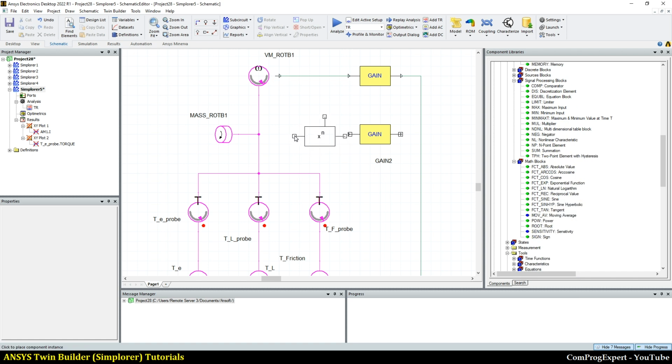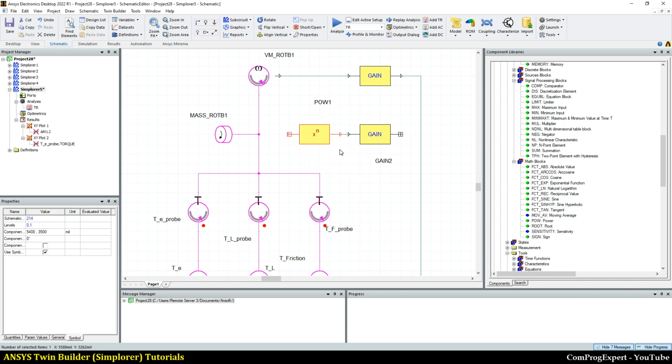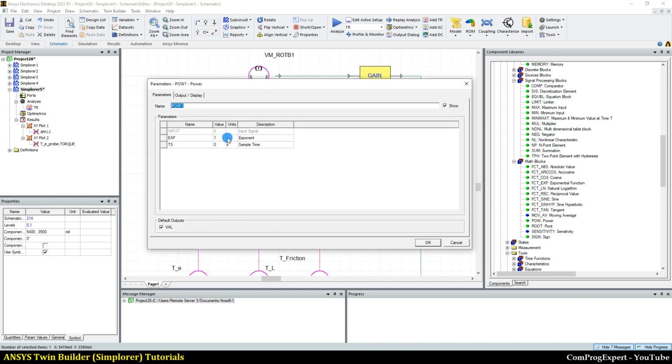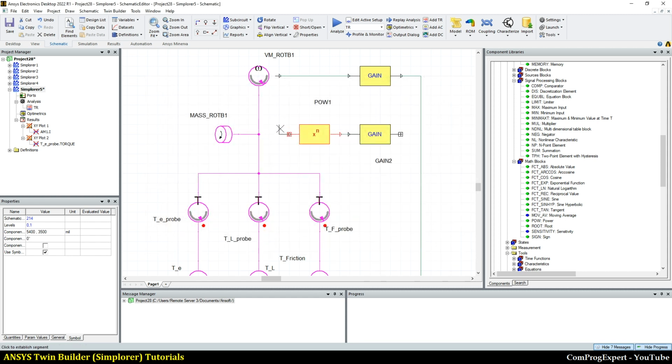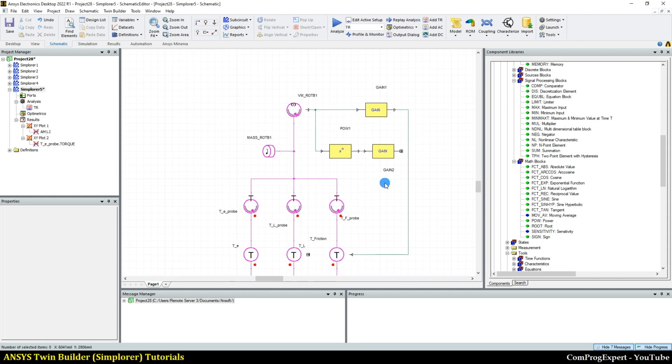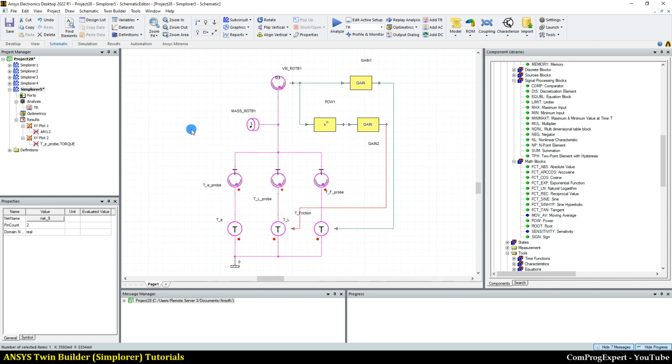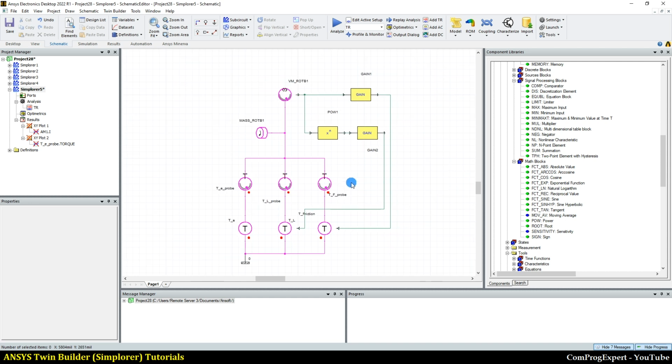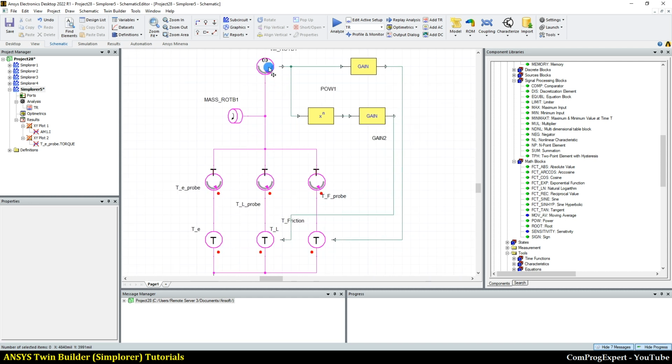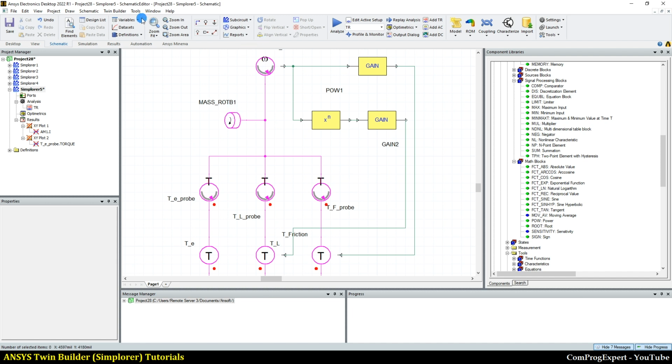Here we have this block, the power block, the exponent is 2. X to the power n, and this is the gain. Okay, so yes, this is the logic that we have for calculation of the speed of this rotating element.